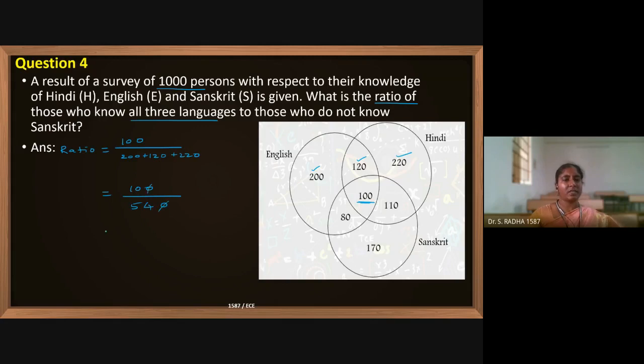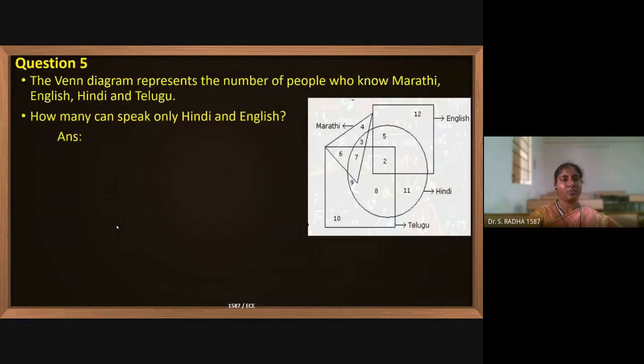If you simplify this, 10 gets cancelled. This becomes 5 divided by 27. 5 divided by 27 is the answer for the given question.